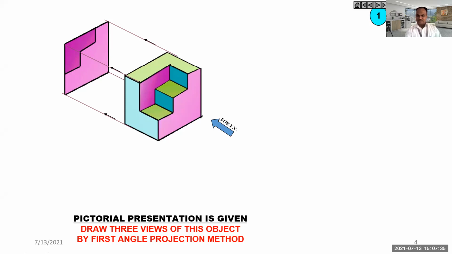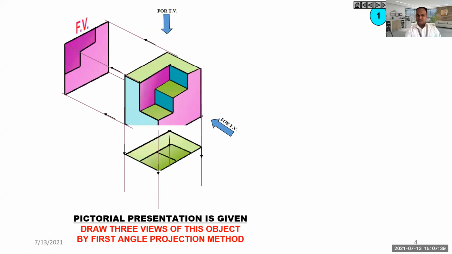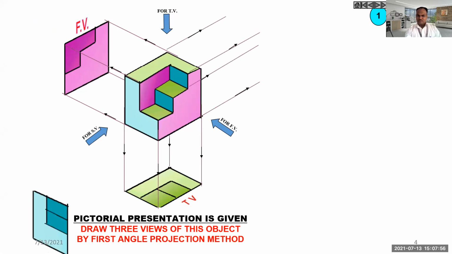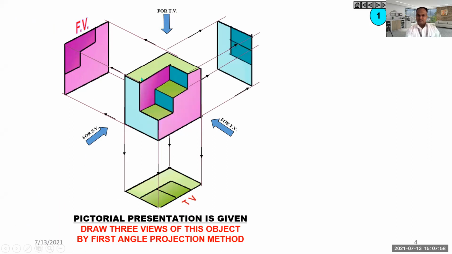Similarly, from the top side, as we have seen yesterday, these two planes will be visible. These three planes, sorry, this one and this one. So these three planes will be visible from the top side. And from the side view, we'll see these three planes, this blue colored plane and these two blue colored planes. So these three planes will be seen here.